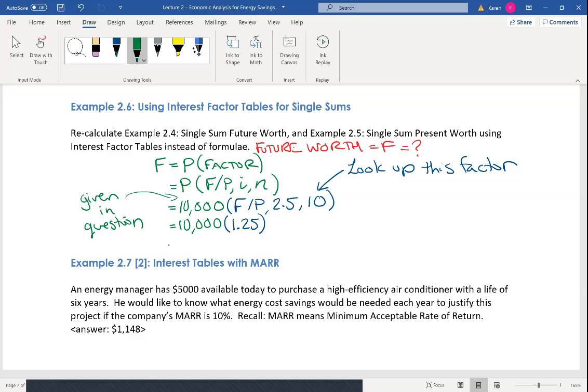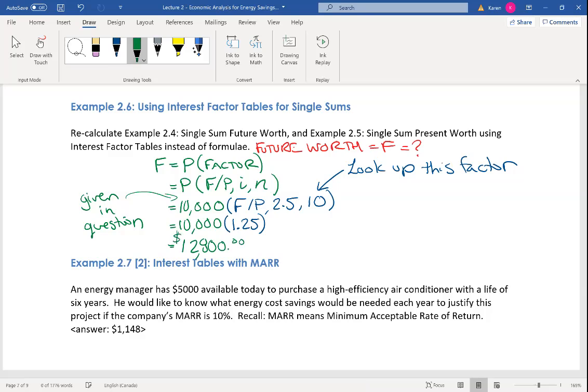And then you just multiply that factor. It'll be 12,800. So your $10,000 invested at 2.5% for 10 years will be worth $12,800, which is the same result that we had before. So that's how you use the factors. Could you have used the formula? Absolutely.